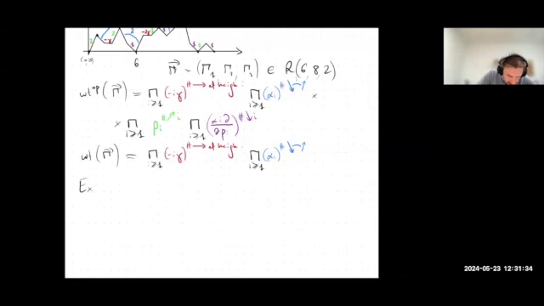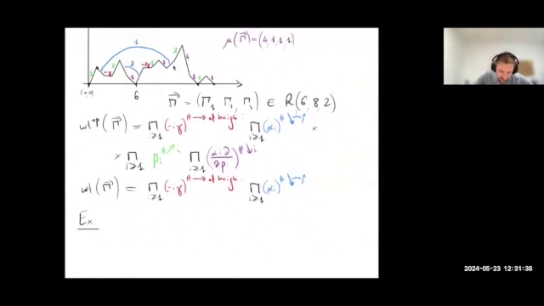So let's just try to compute these weights. We need to look at this picture, and again, I will use the colors so that everyone can check if I didn't make a mistake. Let me compute only the operator weight because the second one is simpler. So this is minus gamma times minus 2 times gamma.